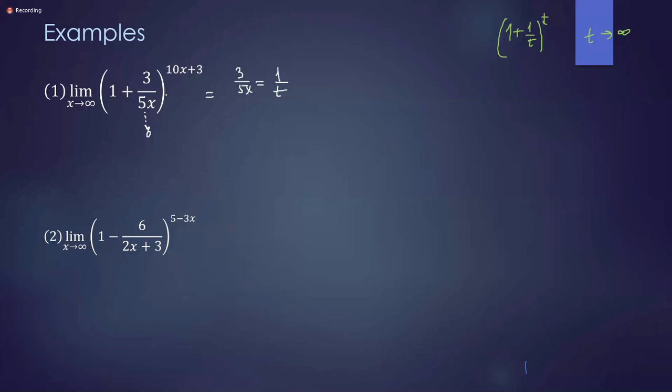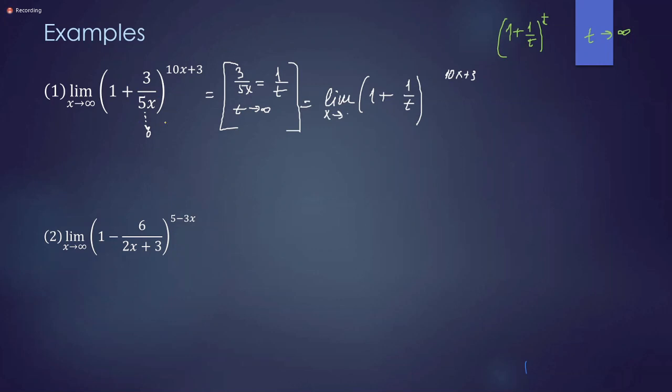And now I can rewrite this limit. 1 plus 1 over t to the power, yes, I would need 10x plus 3, when x tends to infinity, and I can write t also tends to infinity, if you like. So I don't really want this. I want t. So what I do is I multiply by t, and I also divide by t, multiply by 1 over t.